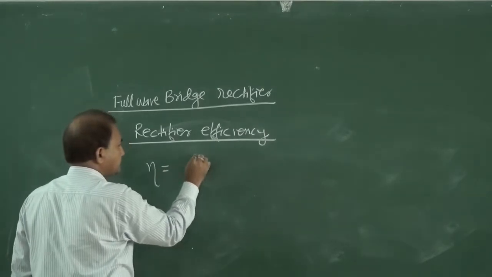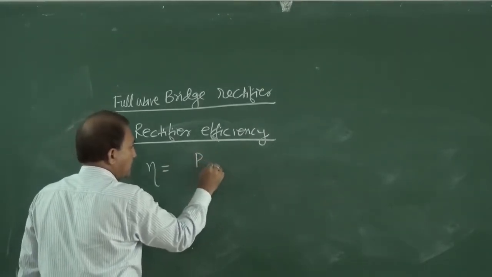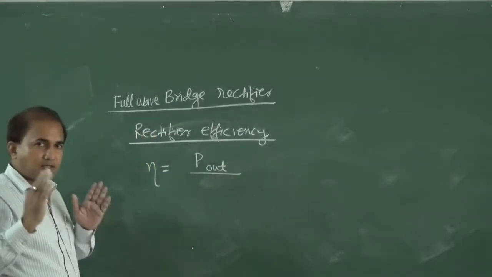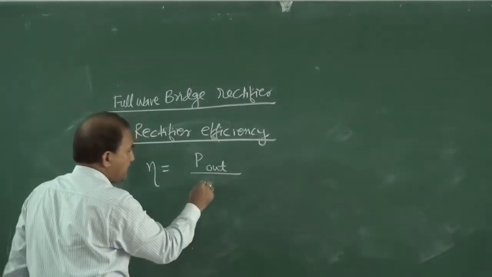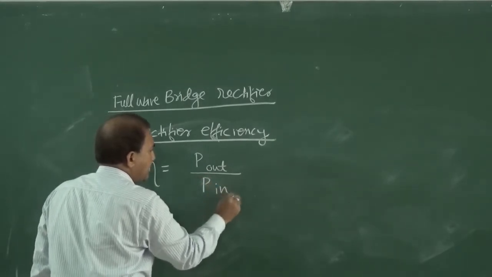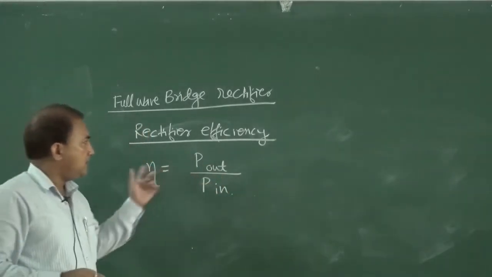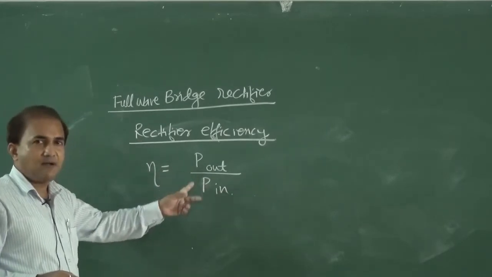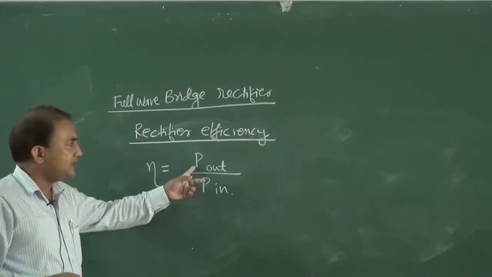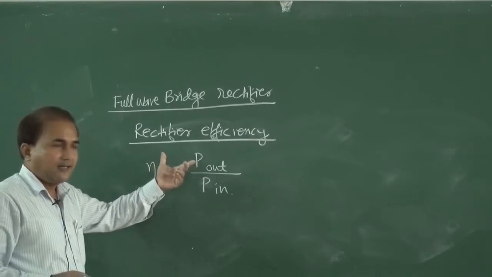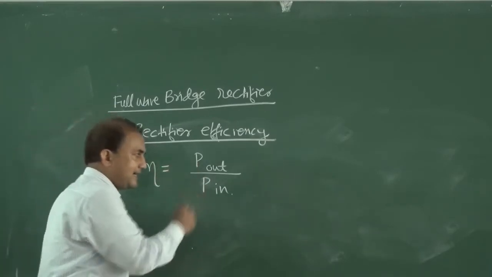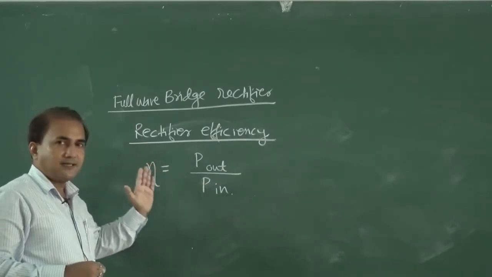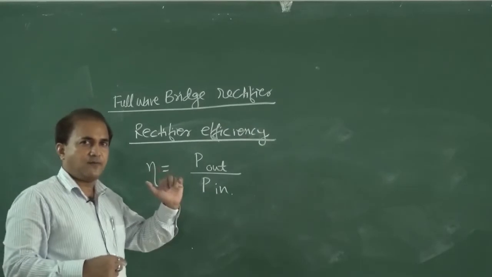It is equal to the output power across the load divided by P in. Rectifier efficiency is equal to P out divided by P in. P out is the output power across the load resistor RL, and P in is the input power after the secondary of the transformer.